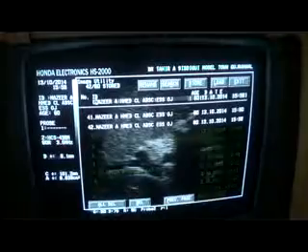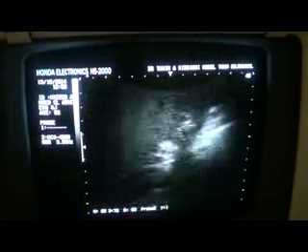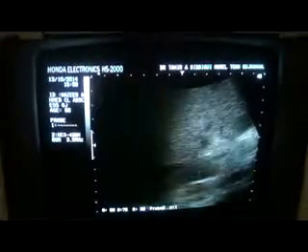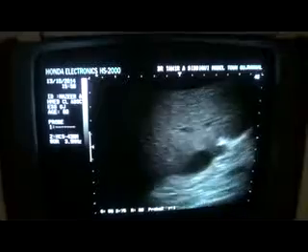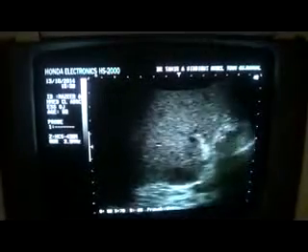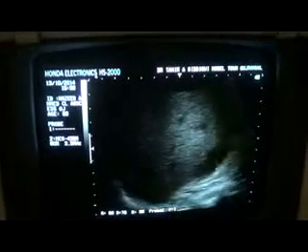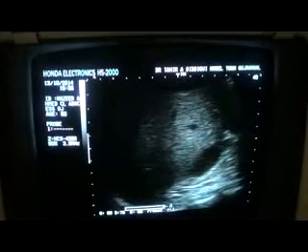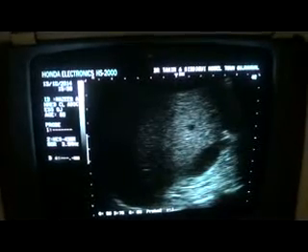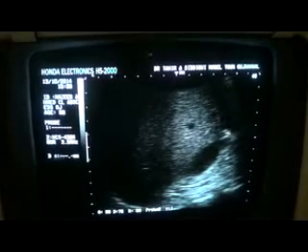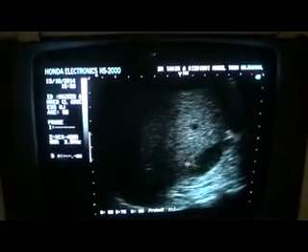This is the second pathology: cholelithiasis, dilated bile duct, mild intrahepatic bile duct ectasia, and there is fluid seen with echoes in the Morrison's pouch. Now this is the Morrison's pouch, and you can see fluid with echoes in this. This is the fluid between the liver and the kidney.